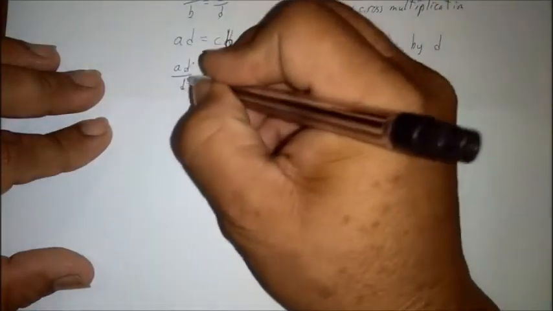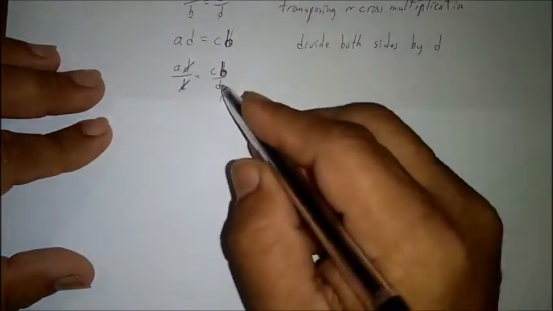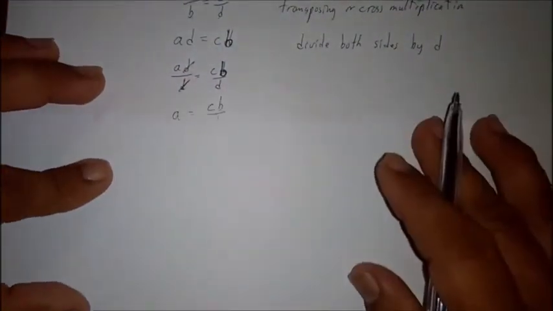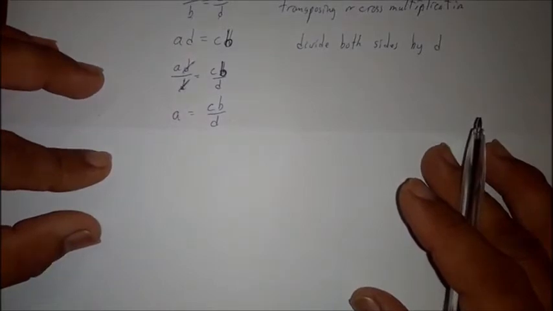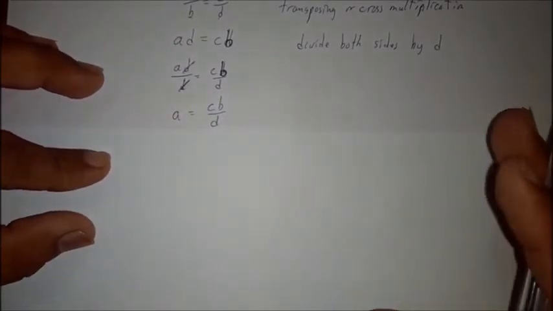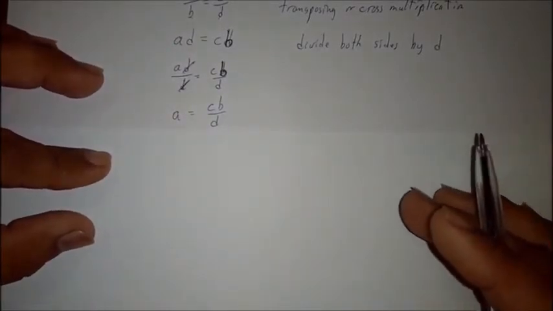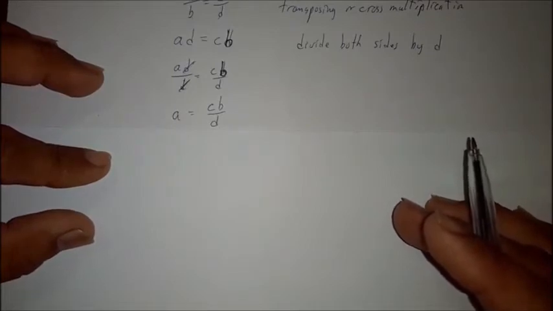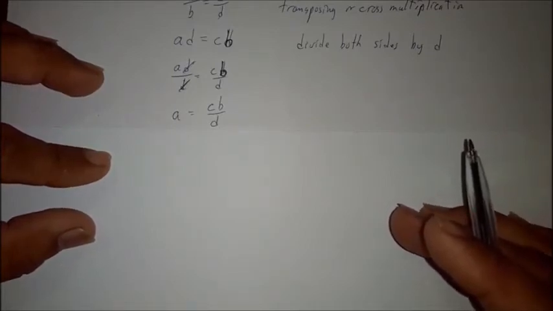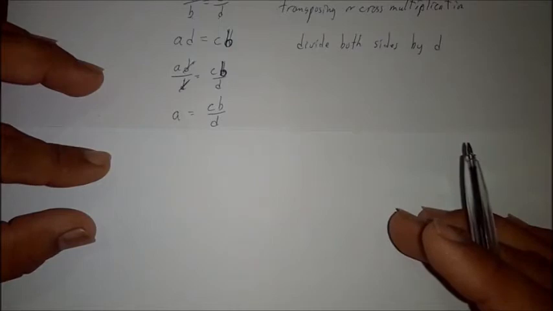Use that red pen there. Cancel out, leaving us with that solution. So our solution will then be A equals CB over D. That's your solution for that particular equation, given that one fraction is equal to another fraction.